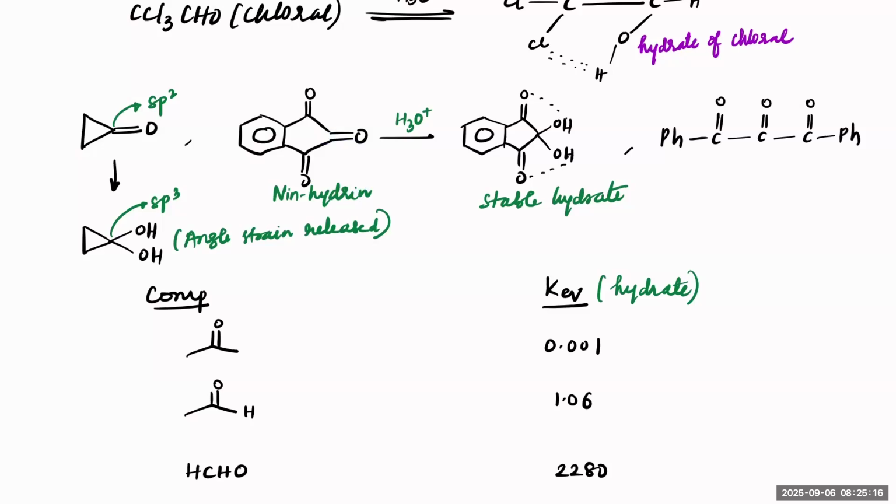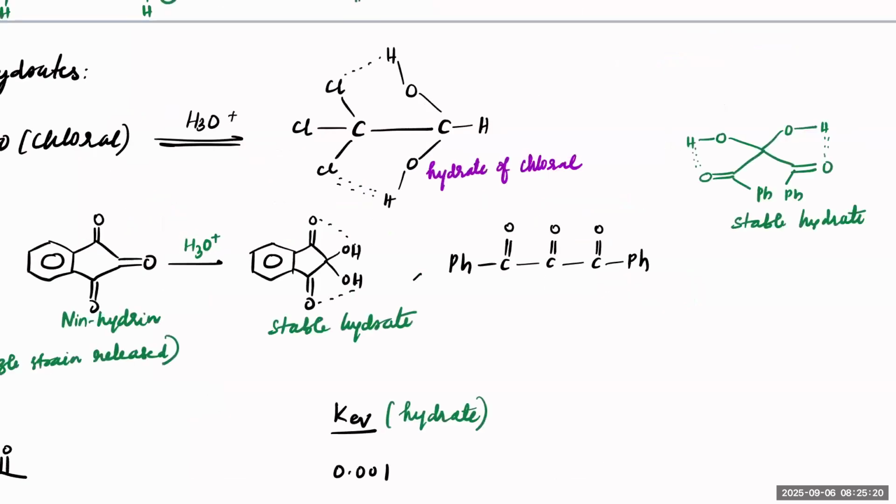So this is a very stable hydrate. Even if you have diphenyl with keto groups here like this, the center carbon's ketone, if at all it gets hydrated, you'll get oxygen and hydrogen, which will make a hydrogen bond with the adjacent C double bond. This is also a stable hydrate.